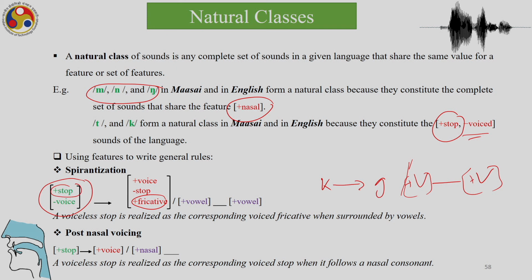So, this now shows that the stop is not a stop any longer, but becomes a fricative, and it shows the spirantization process instead of just showing that k becomes g.